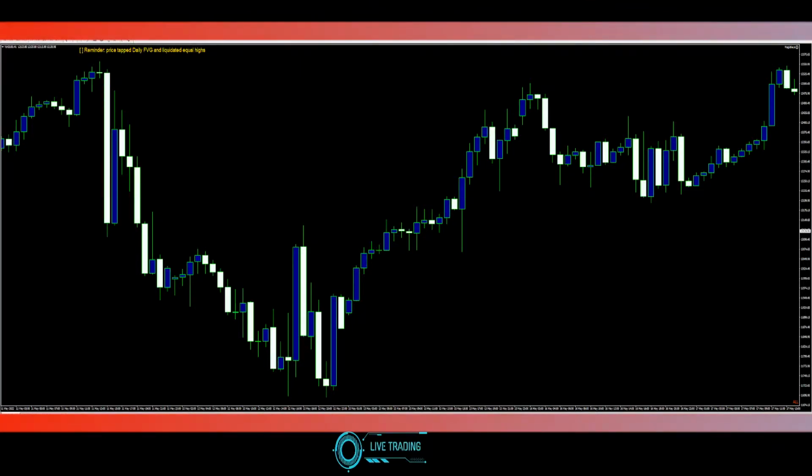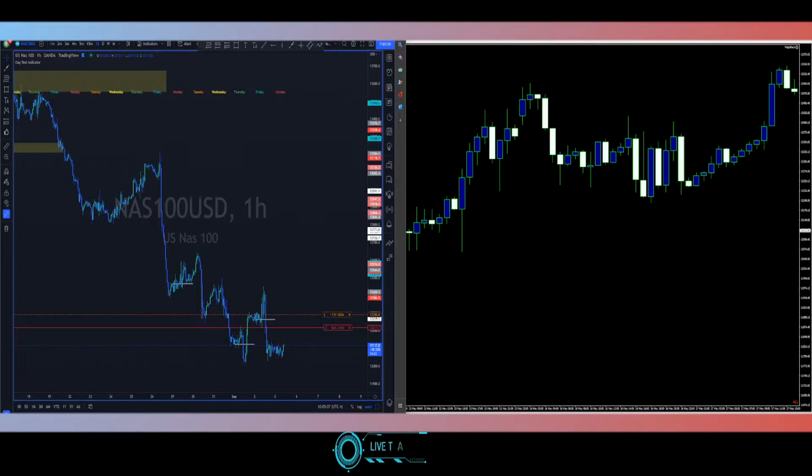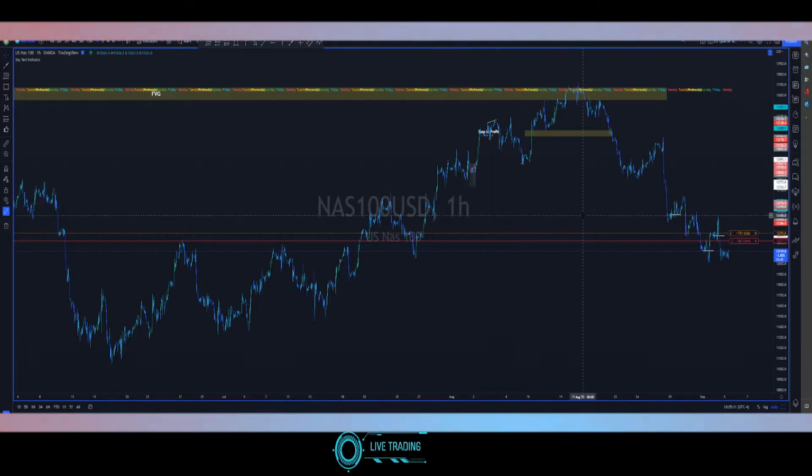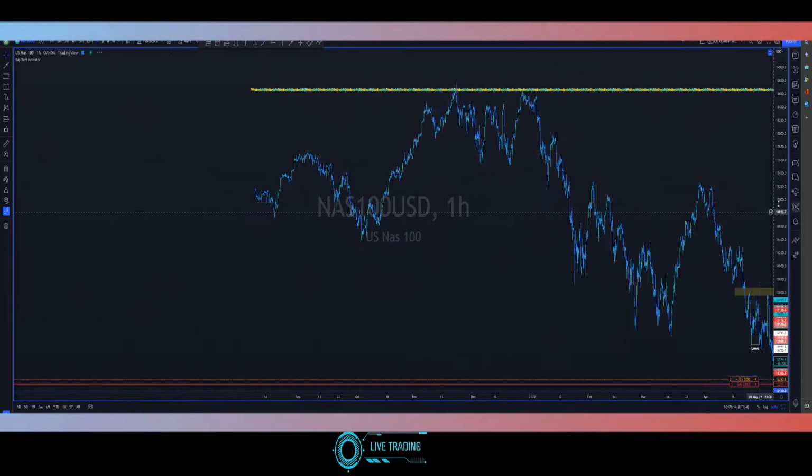I'm just gonna do this on TradingView. Oh man, TradingView makes it so much easier. All right, so 1 hour, we're already on the 1 hour. Let's go back to a random place.